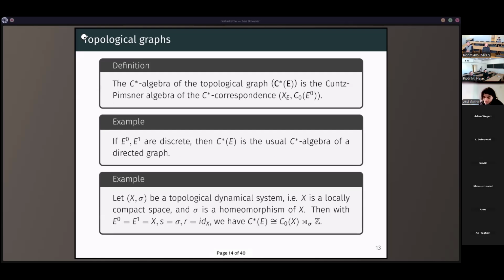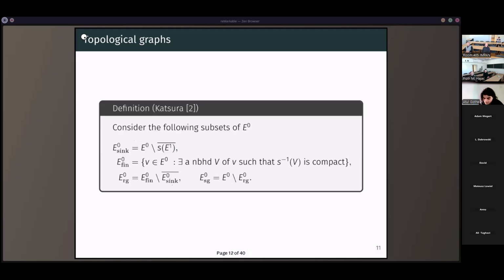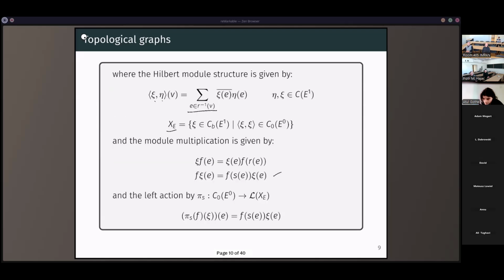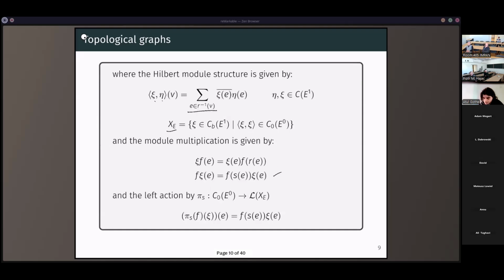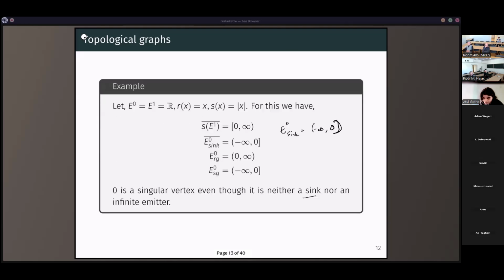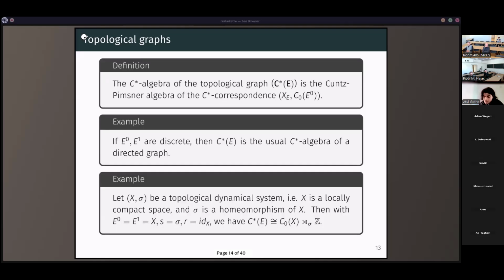And so the C-star algebra of this topological graph is just the Cuntz-Pimsner algebra of the C-star correspondence which we have defined here, which is just the correspondence C0 of E0, X, C0 of E0, and this. So taking the Cuntz-Pimsner algebra of this correspondence gives us the C-star algebra for this topological graph. So if E0 and E1 are discrete, then as expected, the C-star of E is just the usual C-star algebra of a directed graph.